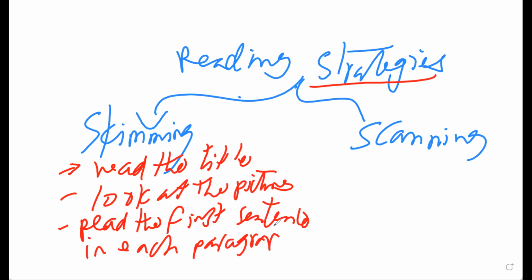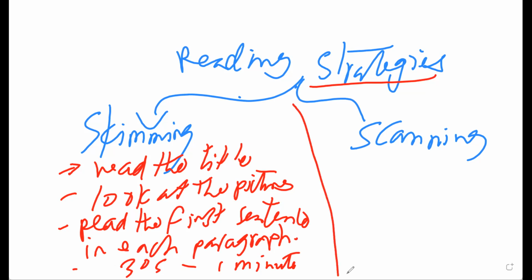You can read the first sentence and the last sentence in each paragraph. How much time do you need? You need half a minute, 30 seconds, or 1 minute to finish skimming. This is what I mean by skimming.